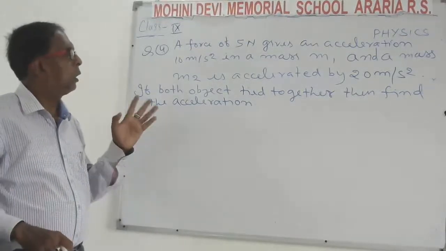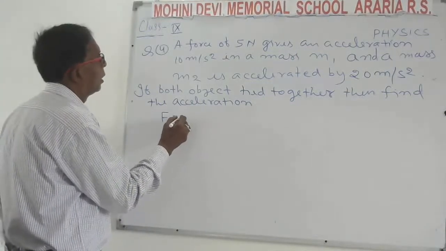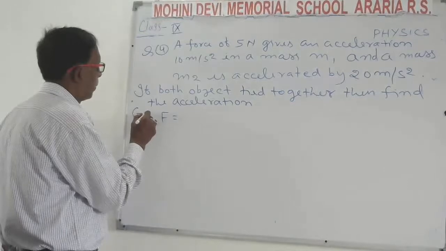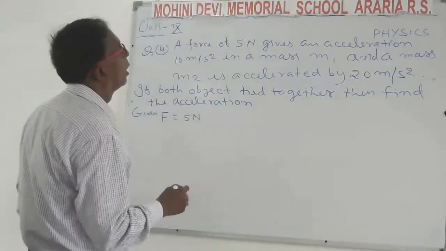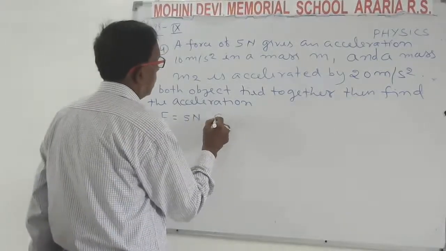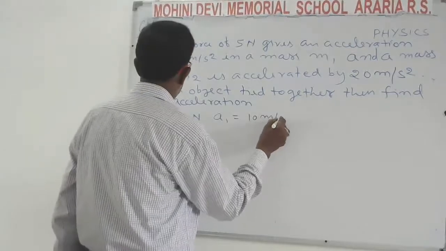The force is known: F is given, 5 Newton. For m1, acceleration A1 is known, 10 meters per second square.